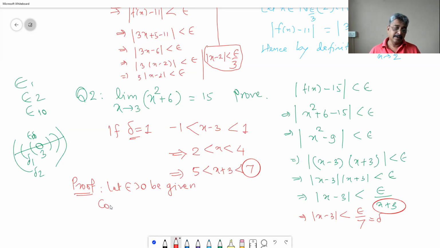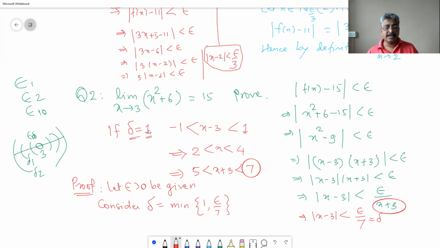Consider delta, which is the minimum of 1 comma epsilon by 7. Suppose 1 is lesser than epsilon by 7, then 1 will survive. But if 1 is greater than epsilon by 7, then epsilon by 7 will survive. Do you understand? So we have taken support of this one.